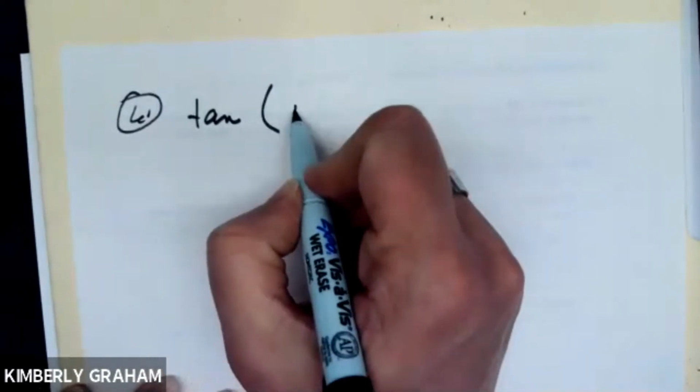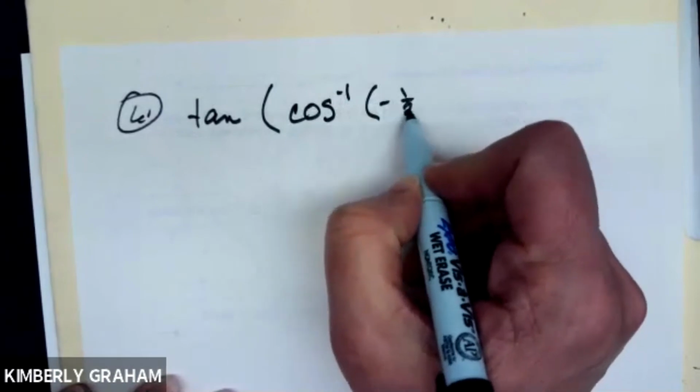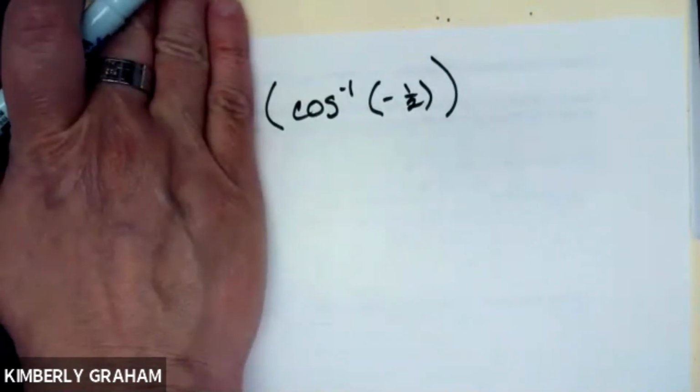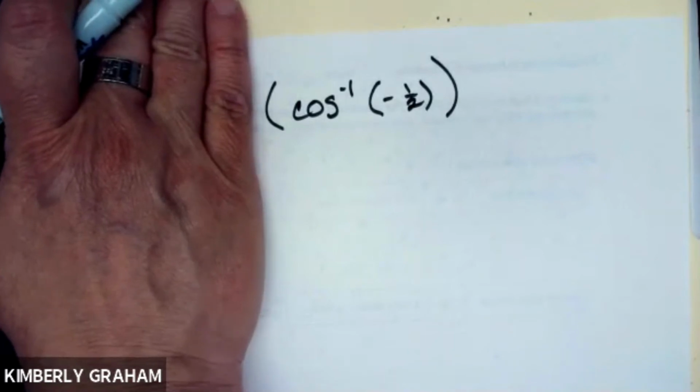Problem 6. I have tangent inverse cosine of negative 1/2. Right, so starting off with the inverse cosine. So I am starting off this time with something that is being restricted.